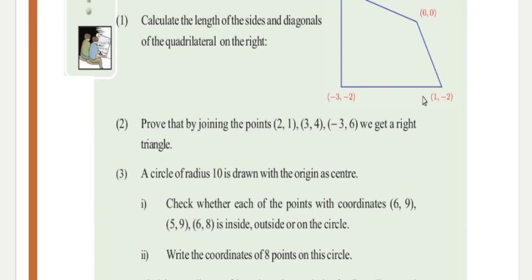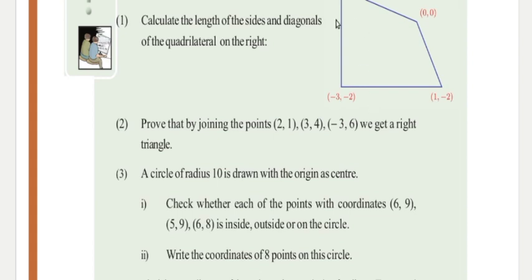So the distance is root of (negative 3 minus 1) the whole square plus (negative 2 minus negative 2) the whole square. Negative 3 minus 1 is negative 4. Negative 4 whole square plus 0 square is root 16, which is equal to 4.